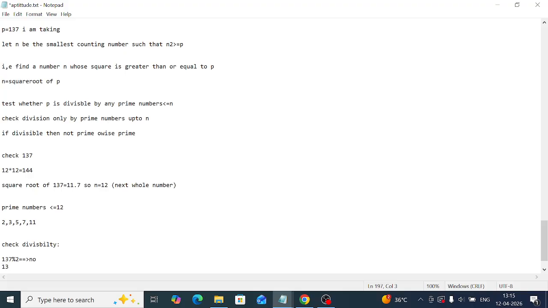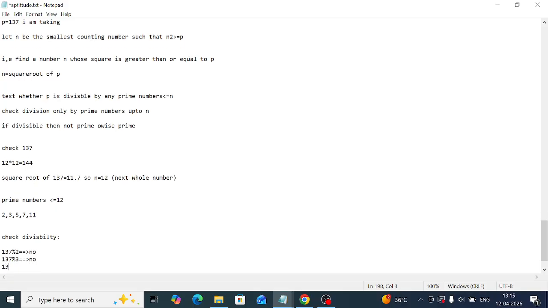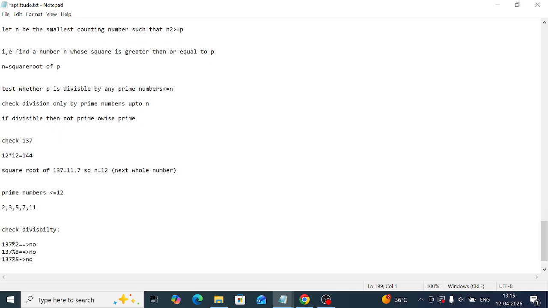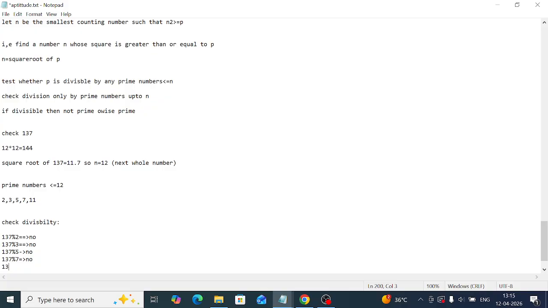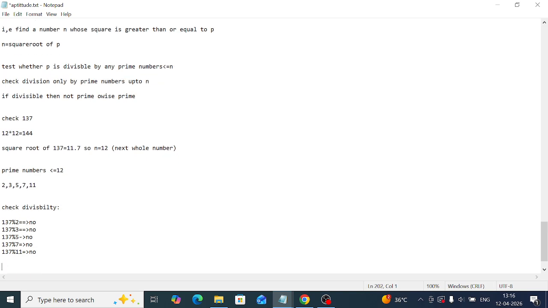Like that you calculate 137 divided by 3. This also gives no zero remainder, not satisfied. Like that 137 divided by 5, also no. Next 137 divided by 7, also no. 137 divided by 11, also no. So it is not divisible by any of these numbers.